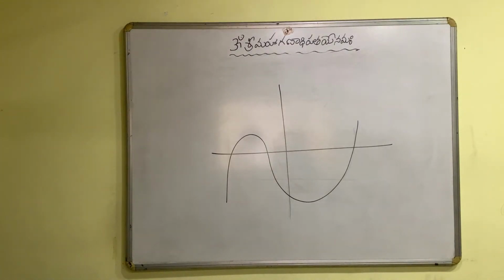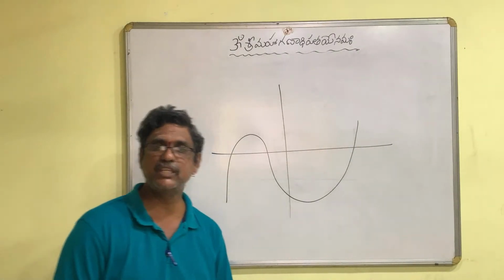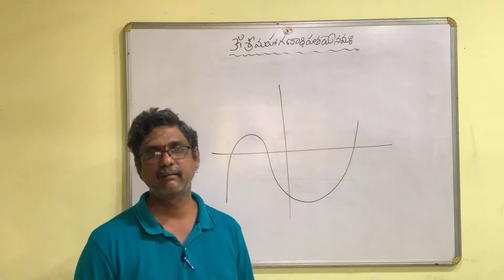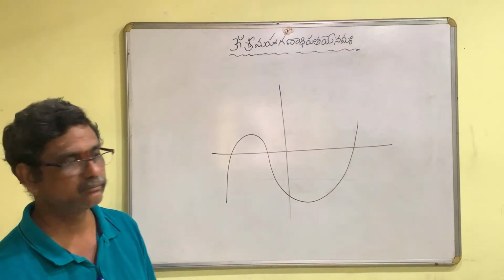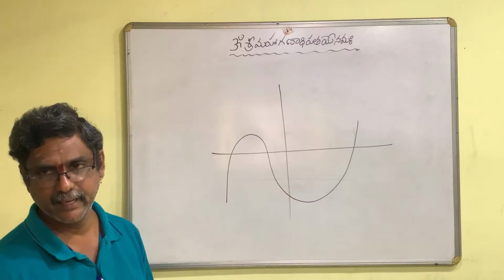Now see the question. In the above graph, how many zeros are there for the polynomial? For the above graph, how many zeros are there for this particular polynomial? See how many zeros there are.